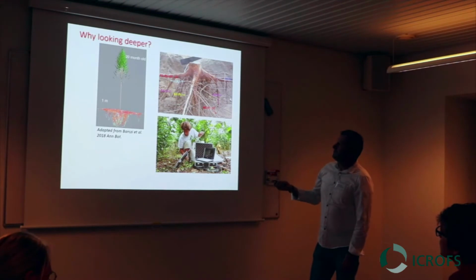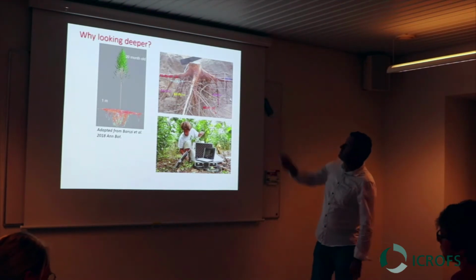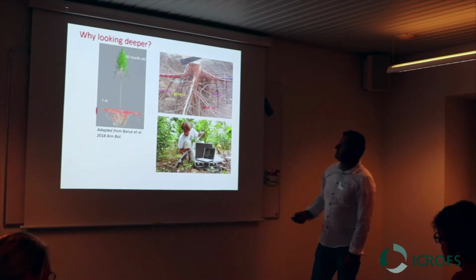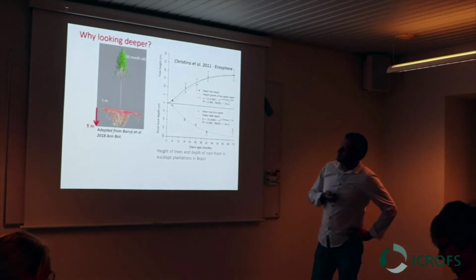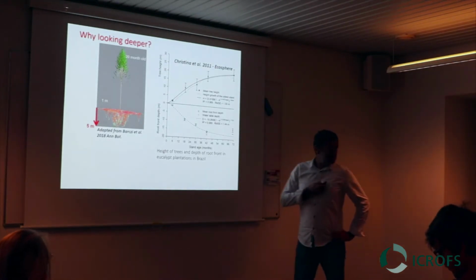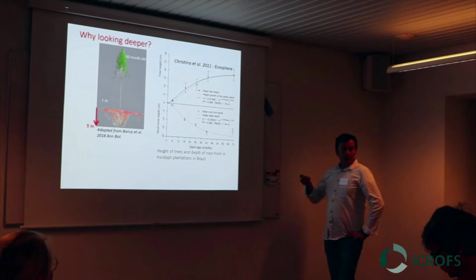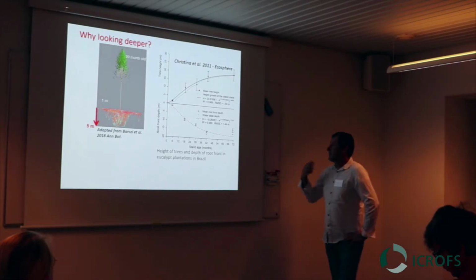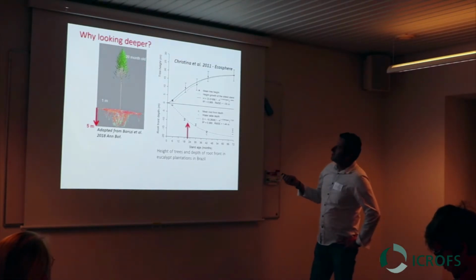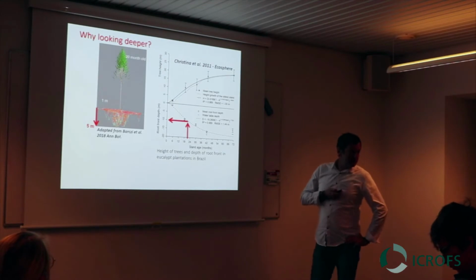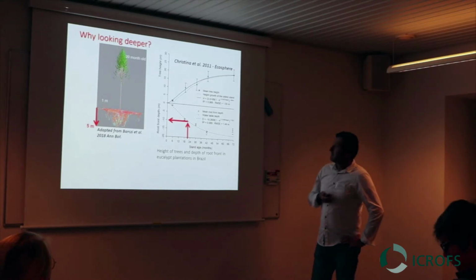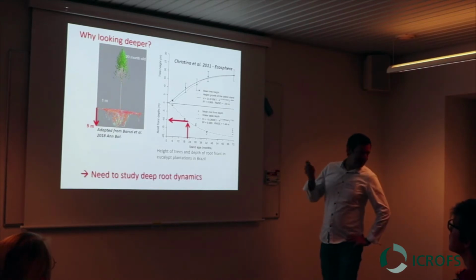In this example, at 20 months old, we expect roots at a depth of 5 meters by simulation. But when we go to the field, at the same age, we observe that the deepest root is twice as deep. So what is going on down there?